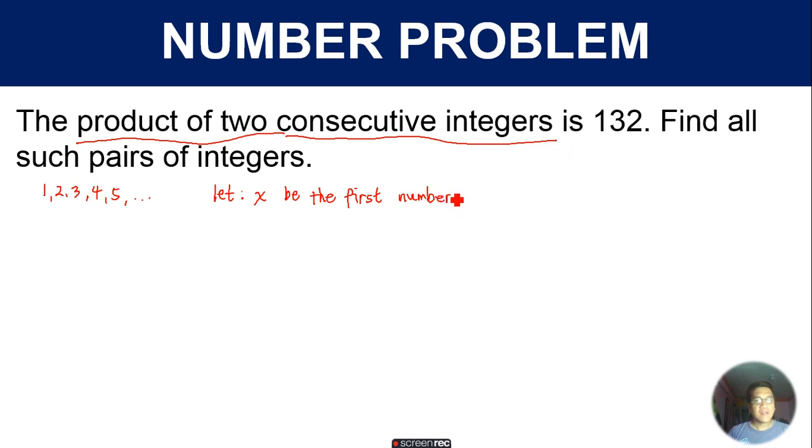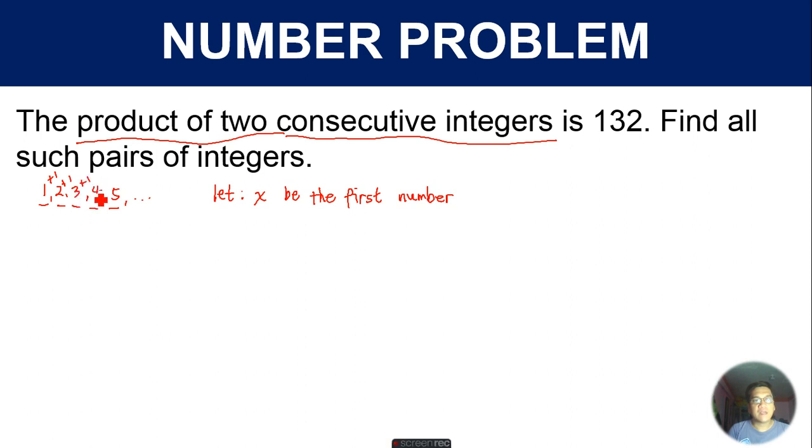Now, because it is consecutive, we're going to get the number next to x. If you look at 1, 2, 3, 4, 5, they are consecutive. How do we get the next number? If we look at the first number, this is 1, and then we add 1, we get the next number, which is 2. So, 1 plus 1 is 2. Now, how do we get the next number? 2 plus 1 equals 3.